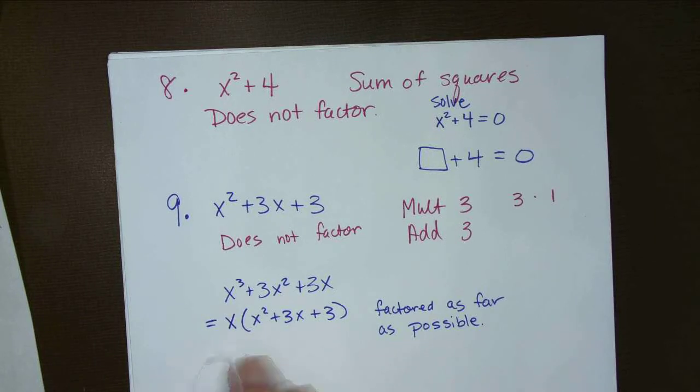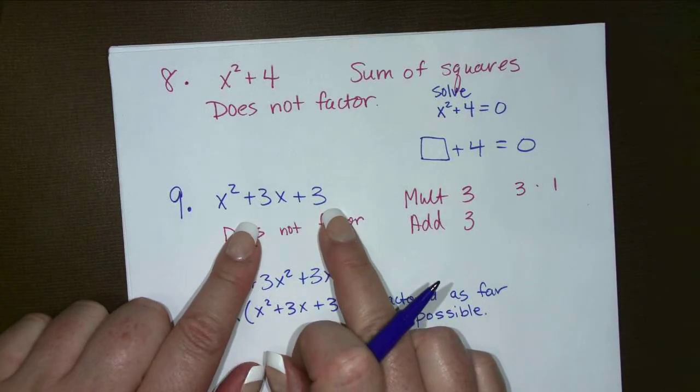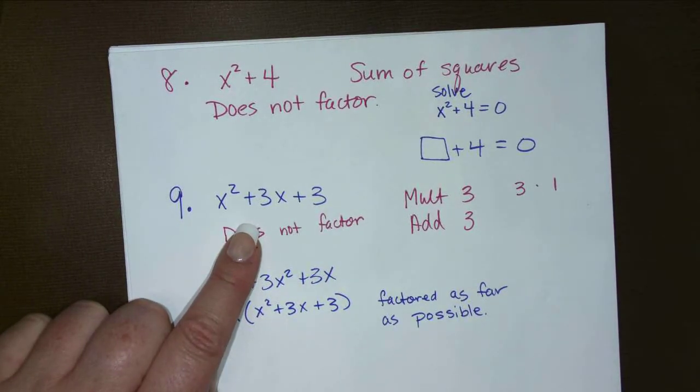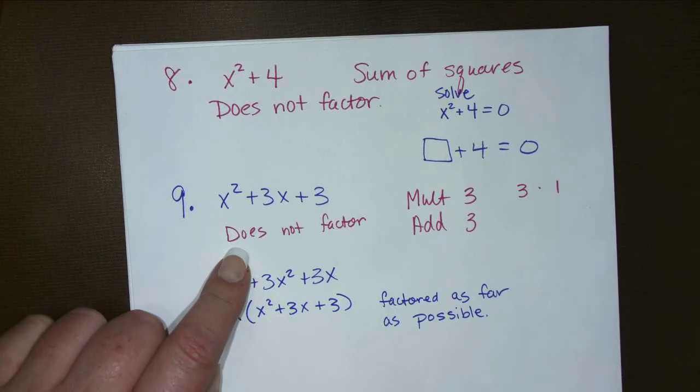Okay? So that's a good question, because you don't, and if you were solving for x, if this said equals 0, then you would try the quadratic equation, right? This is, I put does not factor. That doesn't mean it has no solution if it were something we were solving for x, right? It doesn't mean there's no solution, it just means we can't factor it, okay? It doesn't simplify further.